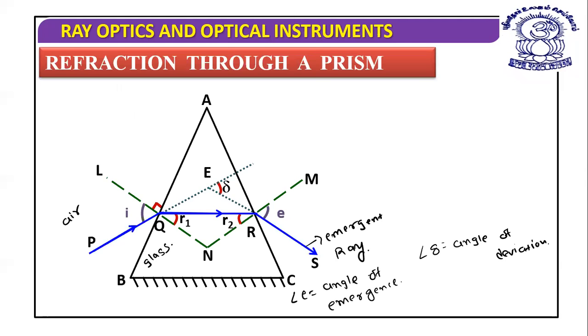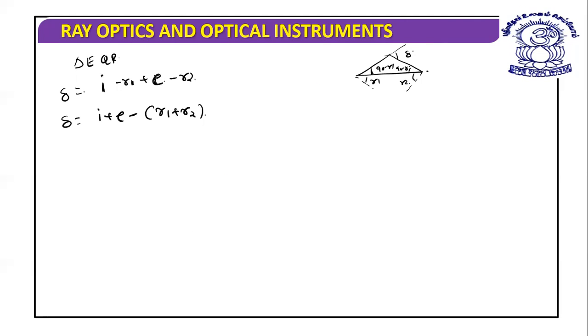Now, in the quadrilateral AQNR, the sum of all the angles should be 360 degrees. So we can write angle A plus 90 degrees plus angle QNR plus 90 degrees is equal to 360 degrees.